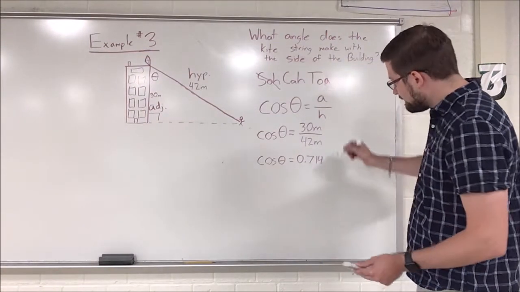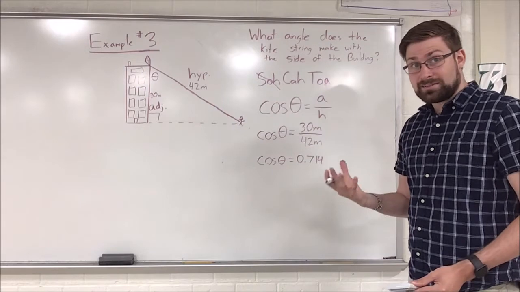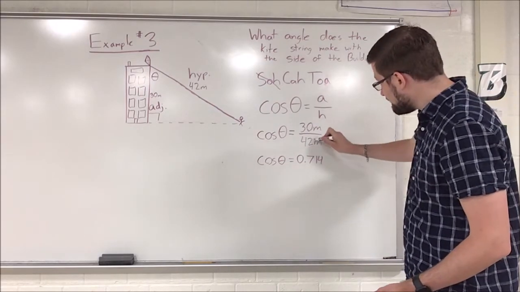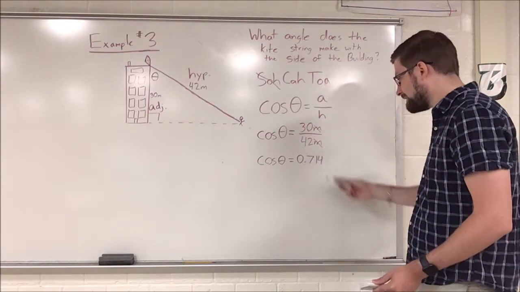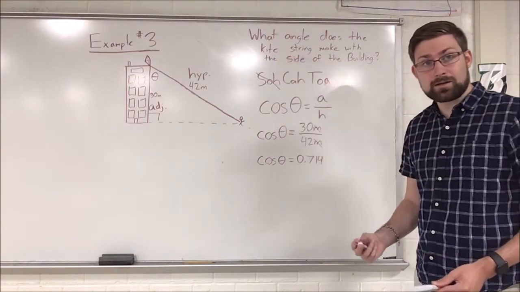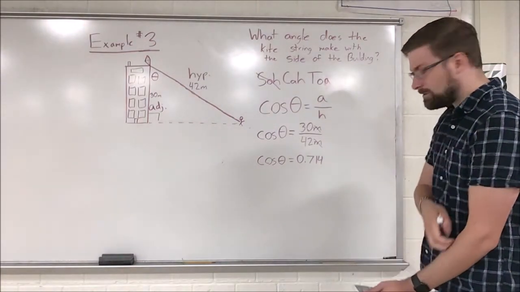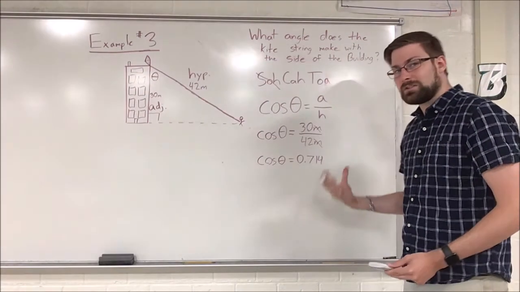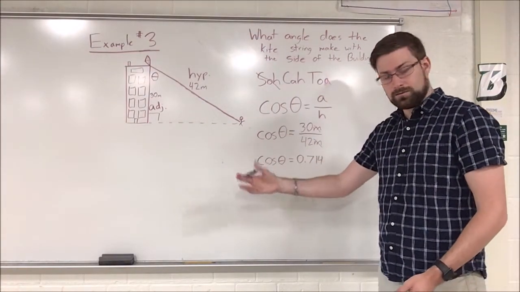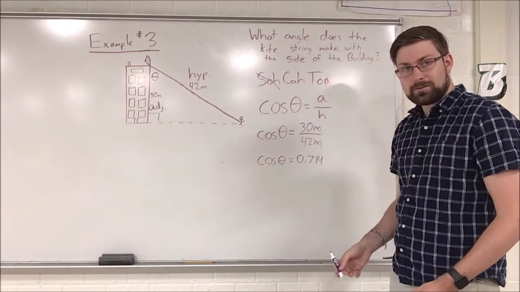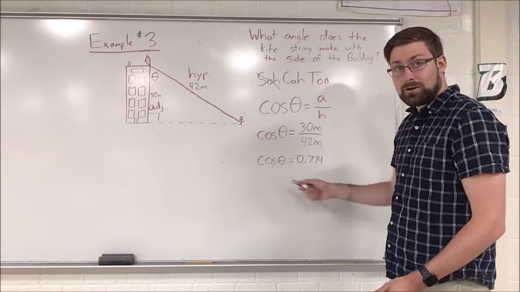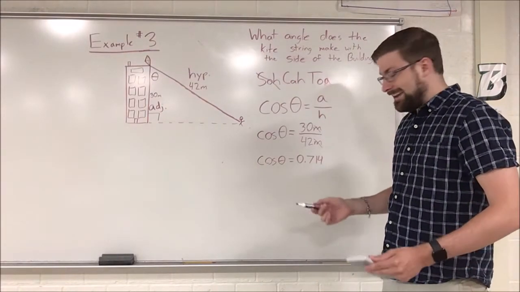Now, the thing with the units is that the units actually cancel. So here, see, meters canceled with meters. So I don't have units to put on this number. But that's a small detail, not the main idea of this problem. The question is, how do we solve for our angle when we've got this set up? You can't divide the cosine over. That doesn't work.